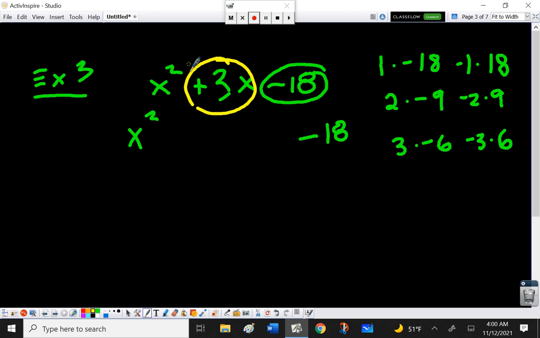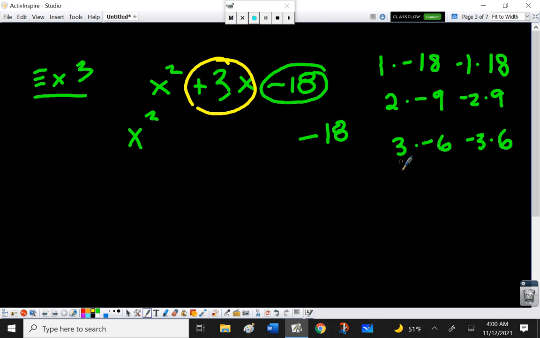positive 3. Well, if I add negative 1 and positive 18, or positive 1 and negative 18, that's not going to get me 3. 2 minus 9, negative 2 plus 9, that's not going to give me positive 3. It turns out one of these is going to give me the positive 3.